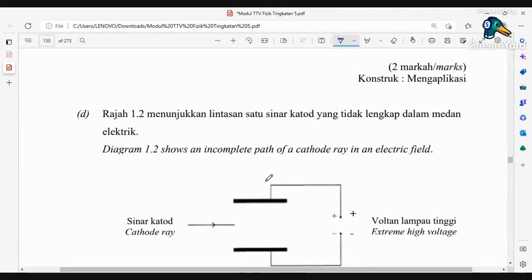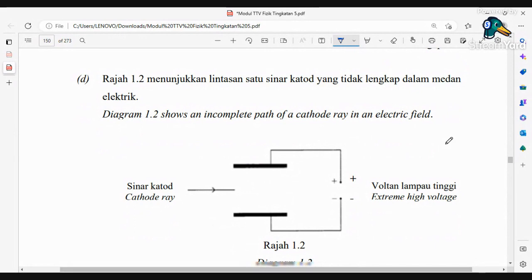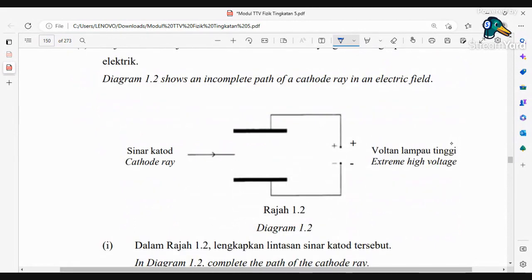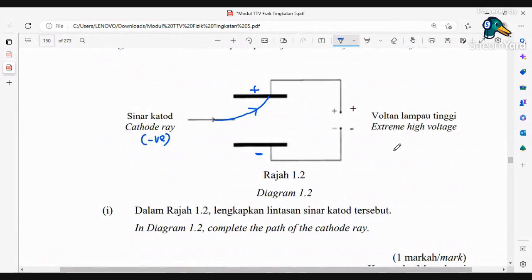Diagram 1.2 shows an incomplete path of a cathode ray in an electric field. This one connects to positive, this is negative. The cathode ray is negative because it is electrons. So it will be attracted to positive, but repelled by negative. Complete the path of the ray, so it will be deflected up.